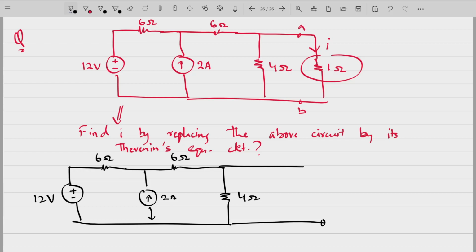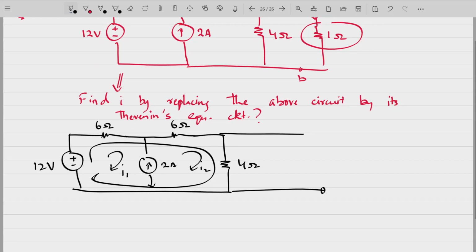Now if you apply mesh analysis, since this current source is present in between two meshes, you can consider this as a super mesh. If current I1 is flowing here and current I2 is flowing here, from the super mesh we get the equation 12 is equal to 6I1 plus 6I2 plus 4I2.